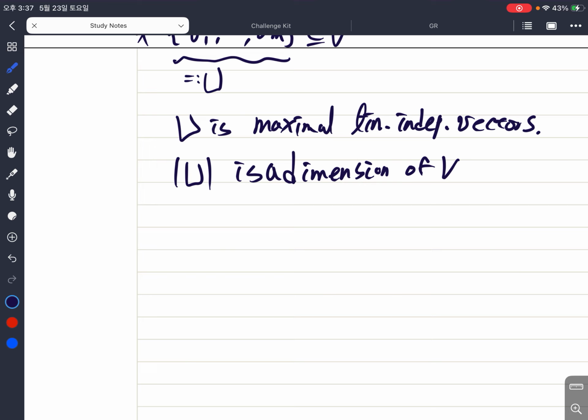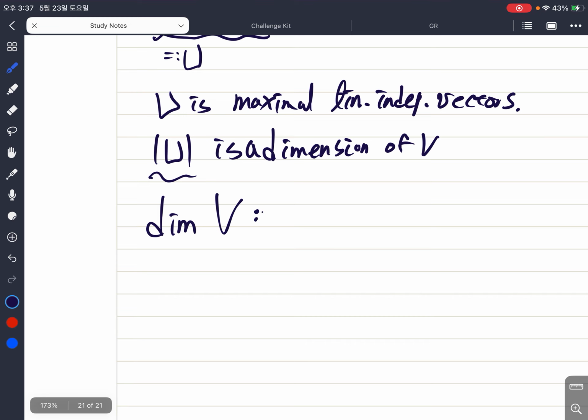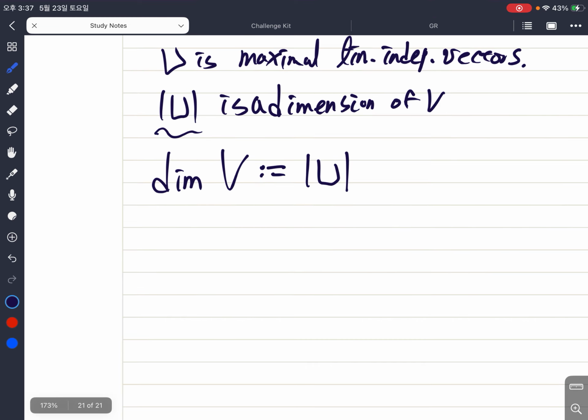And if this is a finite set, we call V a finite dimensional vector space. If it is infinite, we call it an infinite dimensional vector space. Dimension we usually write as dim. So the above is that dim V is nothing but the cardinality of U, a maximal linearly independent vector set.